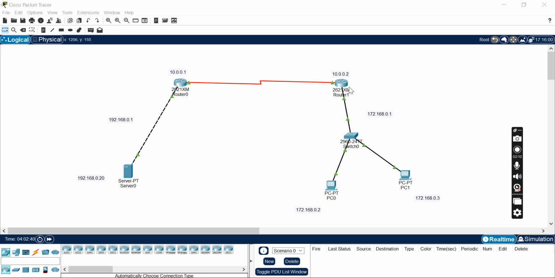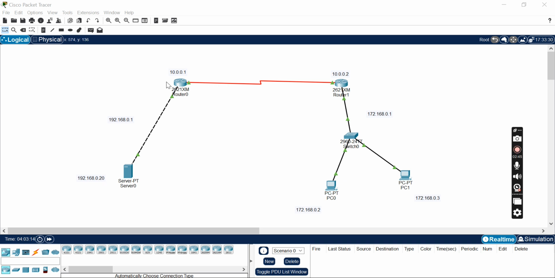We all know that a router will never give us multiple ports for connecting network devices. So I put in a switch here, because a switch has more ports than a router. Those two PCs are connected by the switch, and the switch is connected to a router. The switch works as a bridge between the router and my local computers. And here is a server.